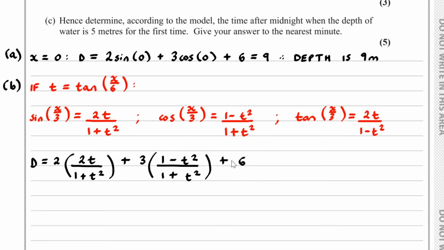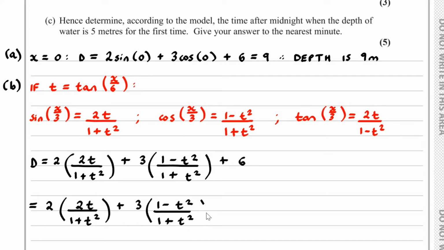And recognizing that the 6 can be rewritten as 6 times by 1, we've got 2 lots of 2t over 1 plus t squared plus 3 lots of 1 minus t squared over 1 plus t squared plus 6 lots of 1 plus t squared over 1 plus t squared.